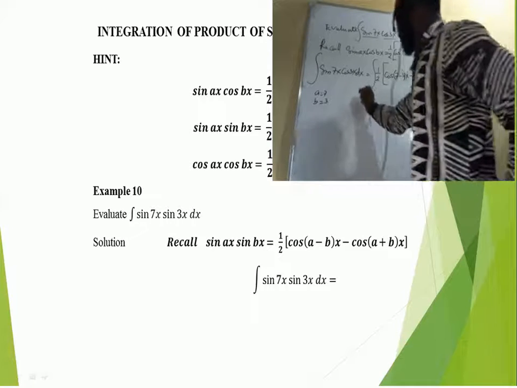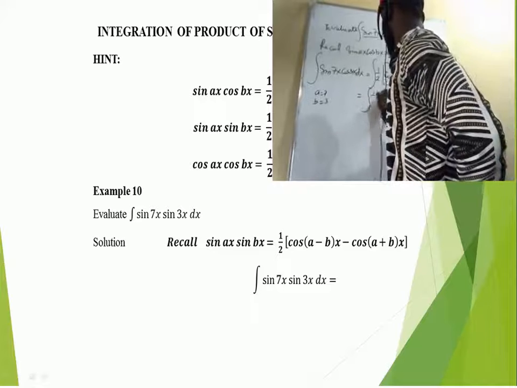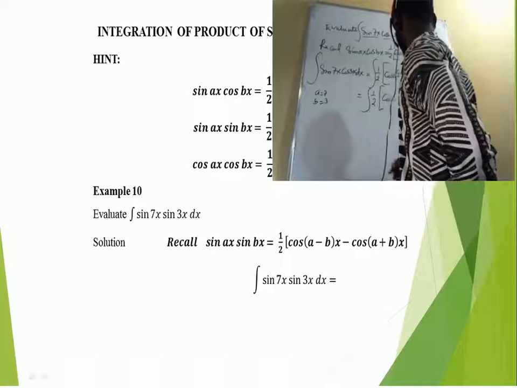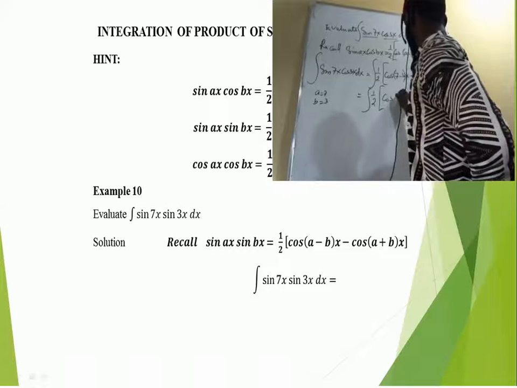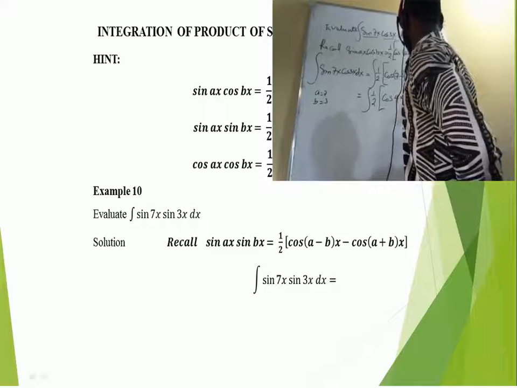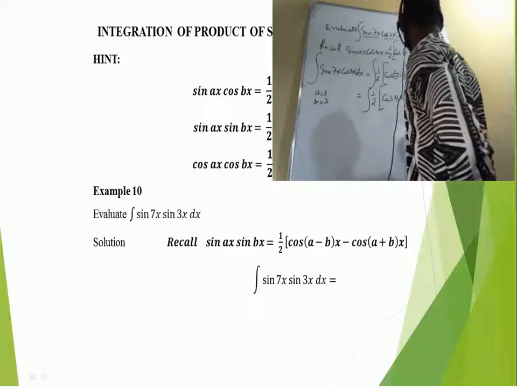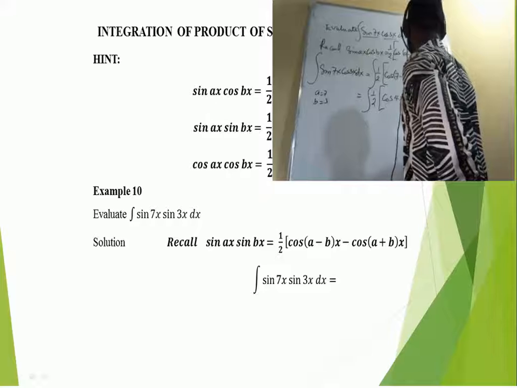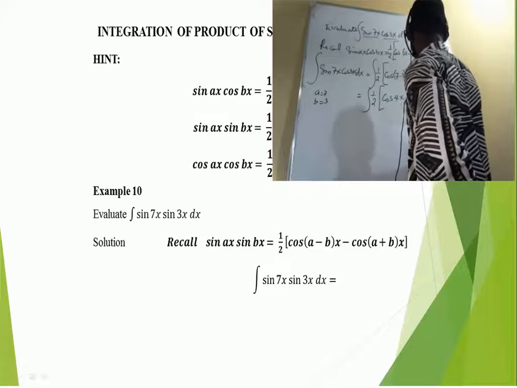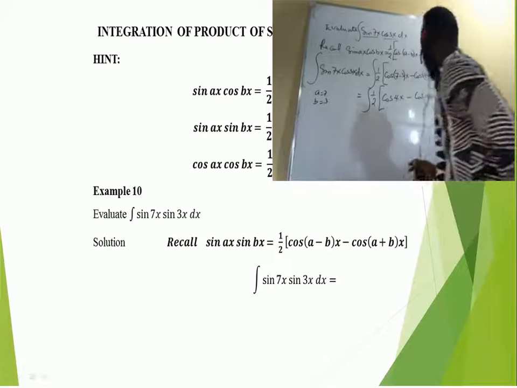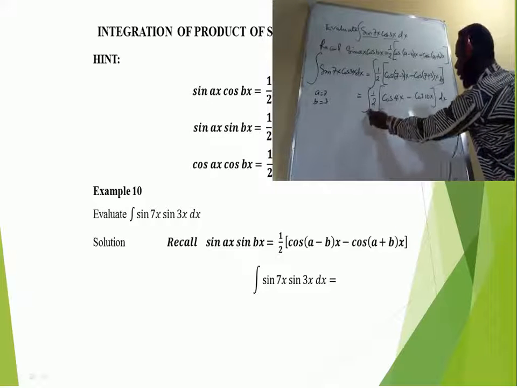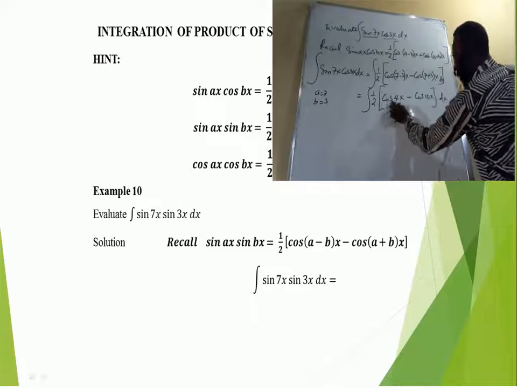Thereafter, when we integrate, it's going to be 1 over 2, bracket open, cos 4x minus cos 10x, dx. Sorry, there is a dx here. The meaning of this is that we are going to use this dx and this integral symbol for this and for this.